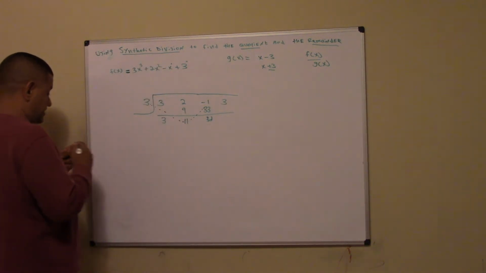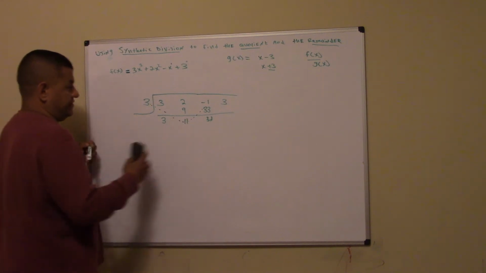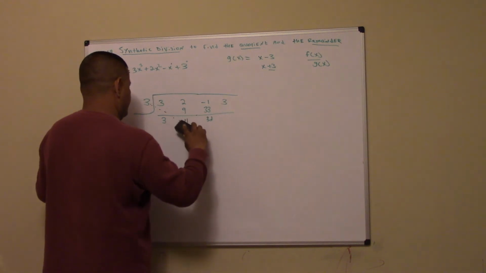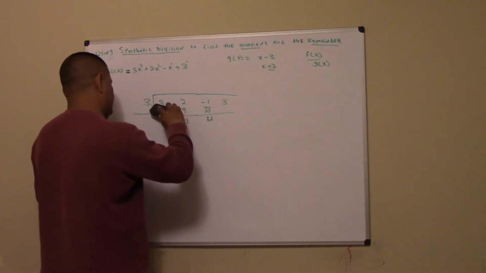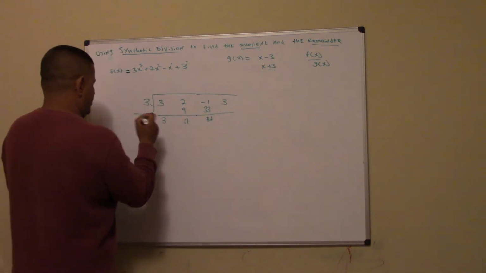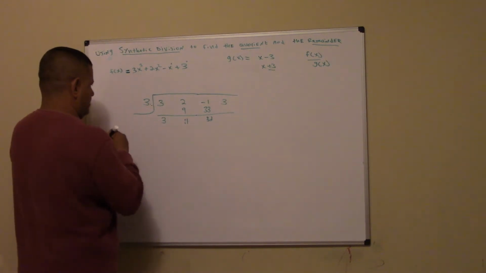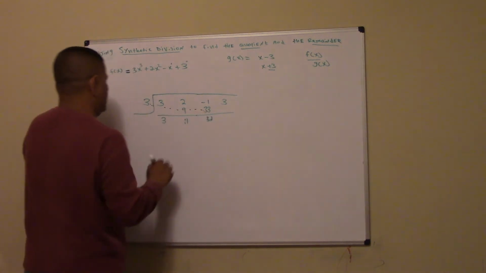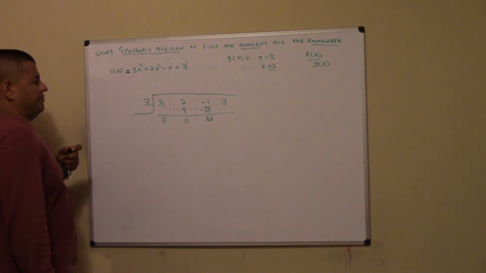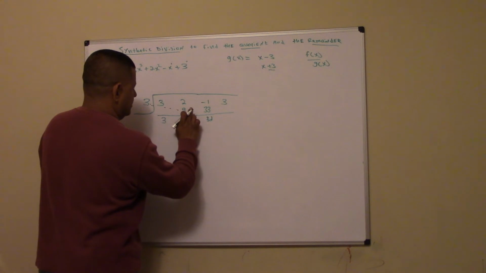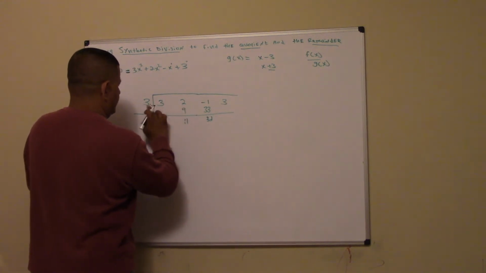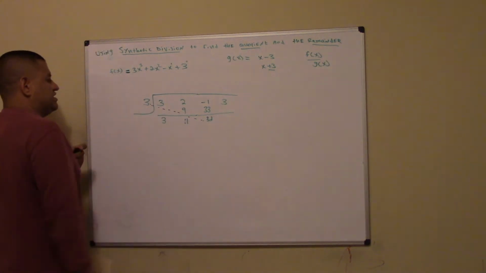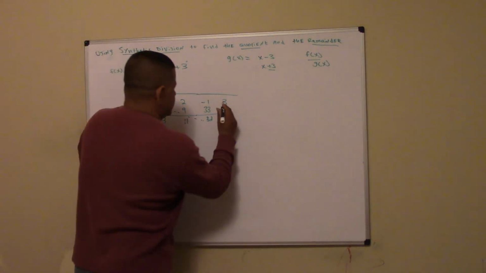Okay? Then I do this again. 3 times, I'm sorry, no. Okay, 3 times 32 is 96.